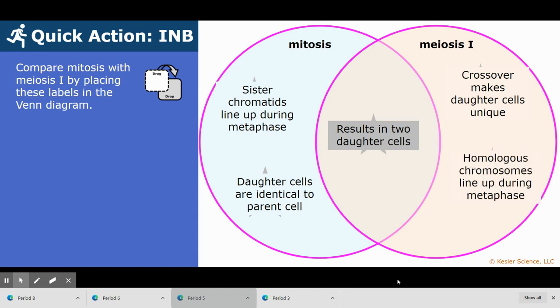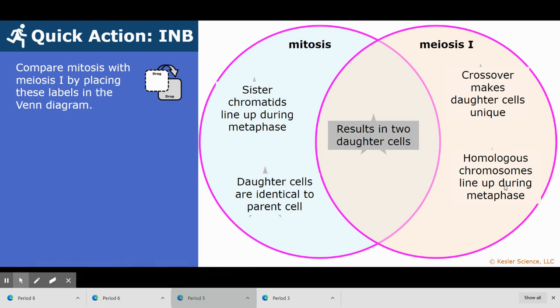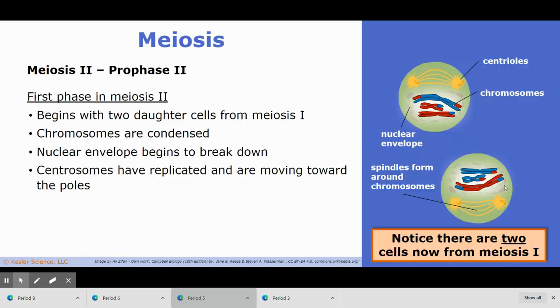And homologous chromosomes line up during metaphase. That's different than the sister chromatids lining up during metaphase because the chromosomes are paired next to each other with homologous chromosomes. Okay, now our second part of meiosis. Meiosis 2, we're going to go through these phases, and this is actually going to look pretty similar to mitosis.